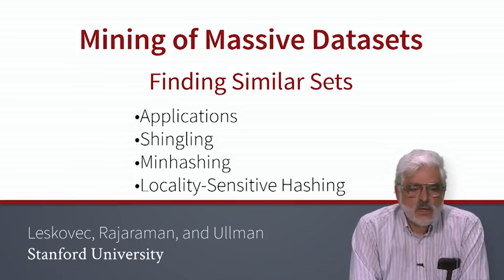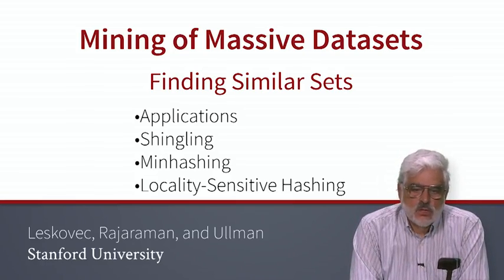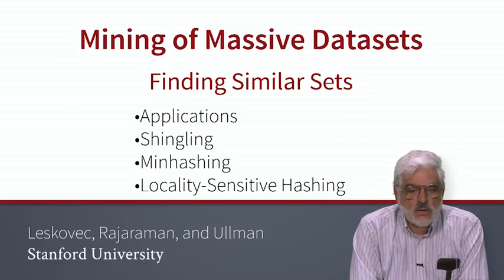We'll begin by looking at some applications where finding similar sets is very useful. We then are going to focus initially on finding similar documents, meaning that they have a substantial amount of text in common. For this problem, we first study shingling, which is a way to convert the informal notion of similar documents into a formal test for similarity of sets.